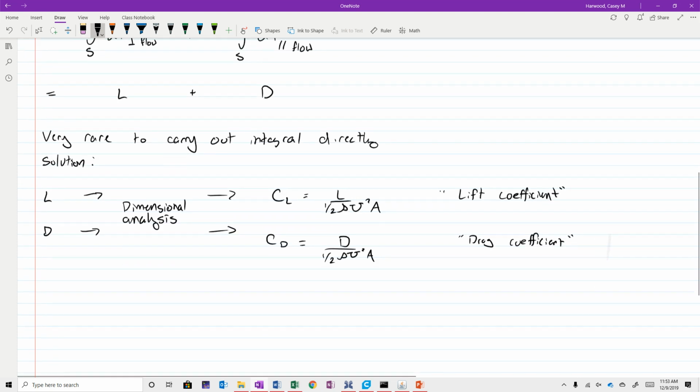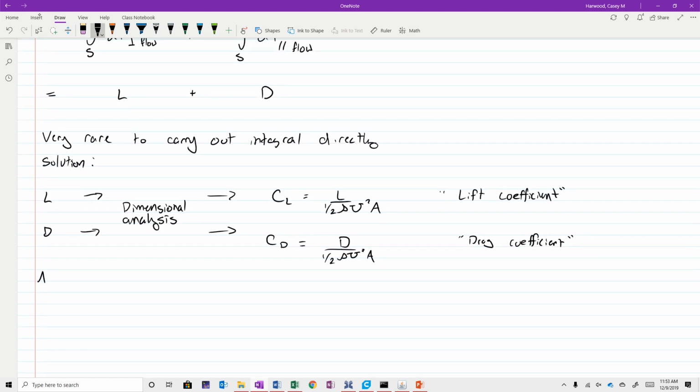In these cases, A is defined as a reference area, and will be given in whatever problem you're considering. It's usually taken to be the projected area, the silhouette area of an object when viewed from the direction of the flow, or it is the total surface area of an object.